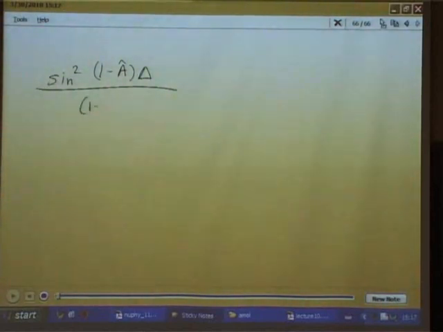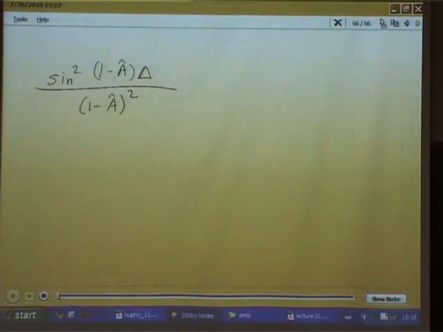So this term is sine square of (1 minus a hat) delta over (1 minus a hat) whole square. It comes from certain parts of the vector.